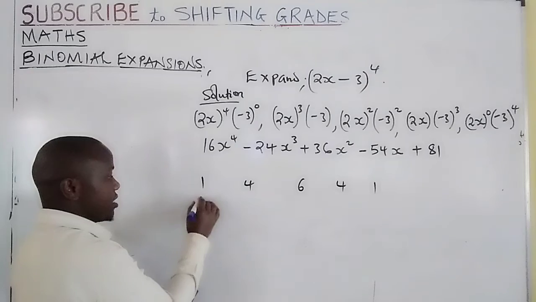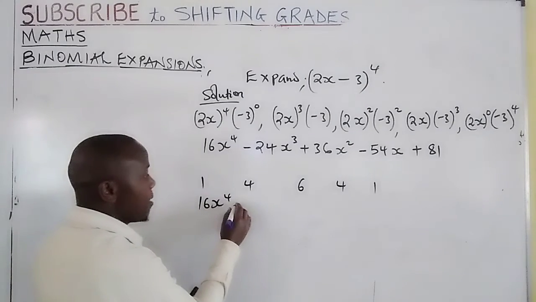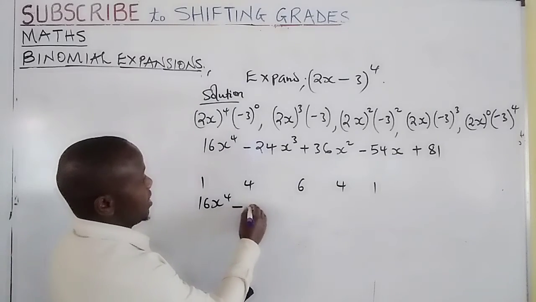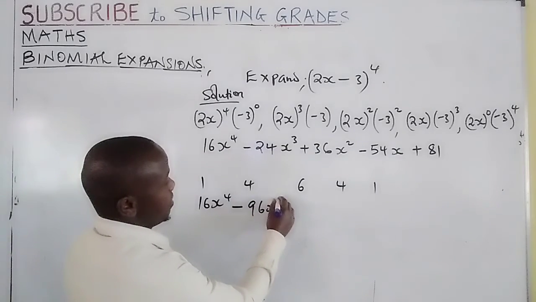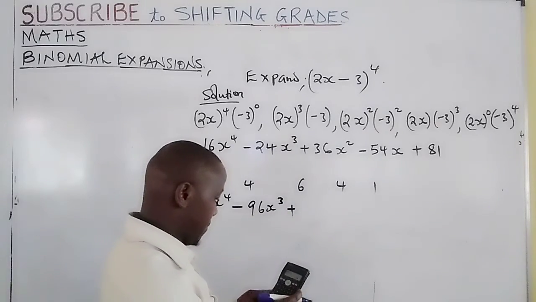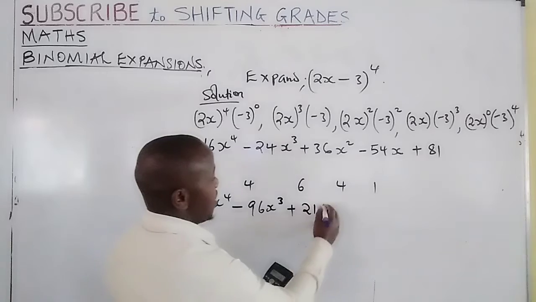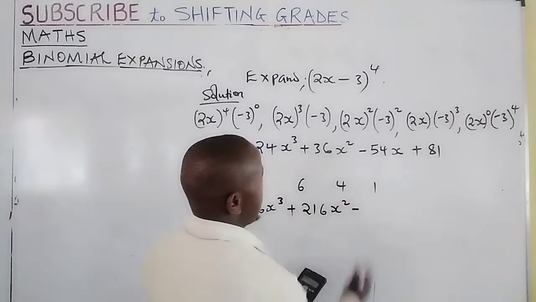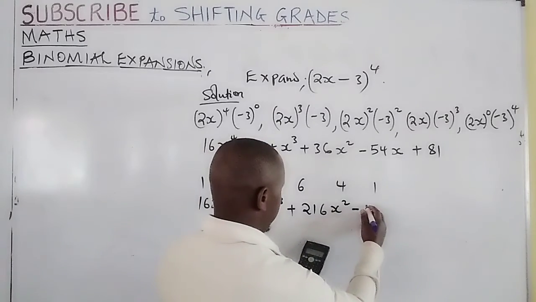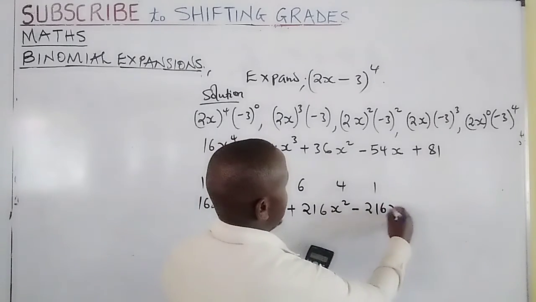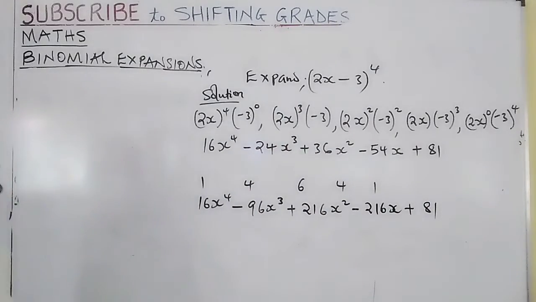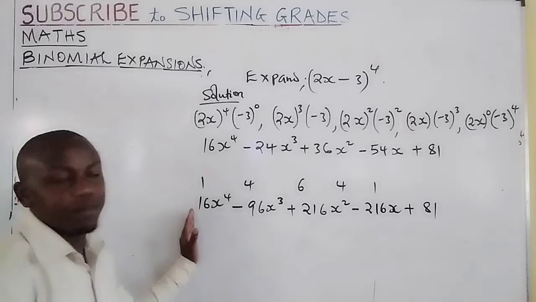So we'll have this one by 1, 16x power 4, then 24 by 4 is 96, negative 96x power 3, plus 36 by 6, which is 216x squared, minus 54 by 4, which is 216 again, x, plus 81 by 1 is just 81. So the expanded form will be this one.